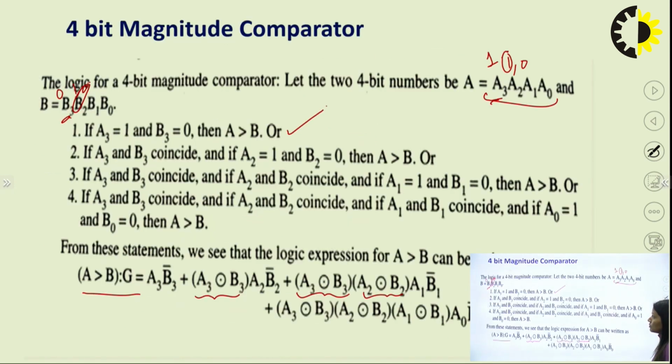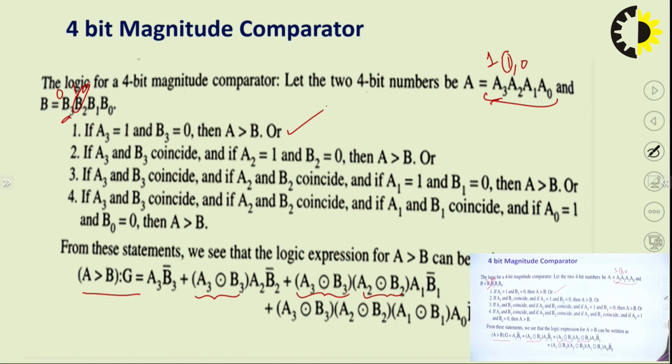So a 4-bit magnitude comparator can be designed. Once again we repeat, there are 2 numbers. The first number is A3, A2, A1, A0, and the second number is B3, B2, B1 and B0. Then let us discuss all the greater than cases. Greater than cases are when A3 is equal to 1 and B3 is equal to 0. When A3 and B3 are equal but A2 is equal to 1 and B2 is equal to 0.